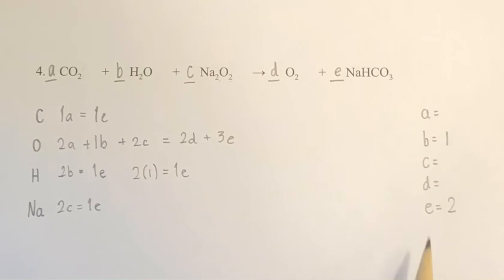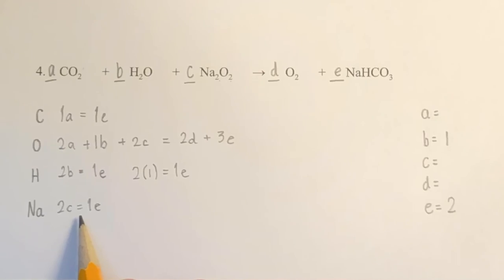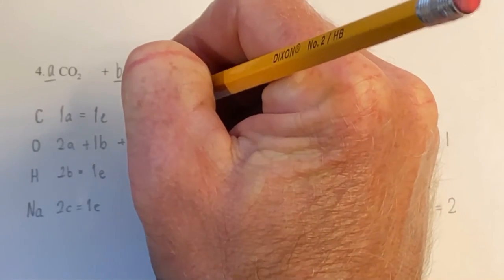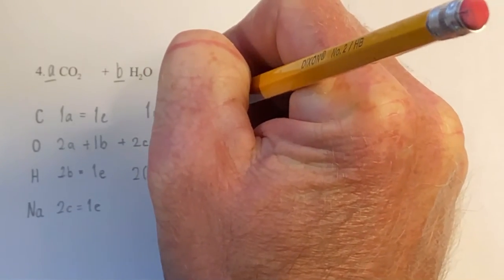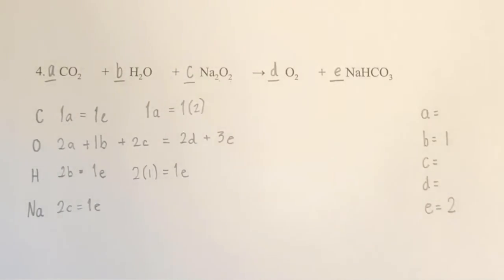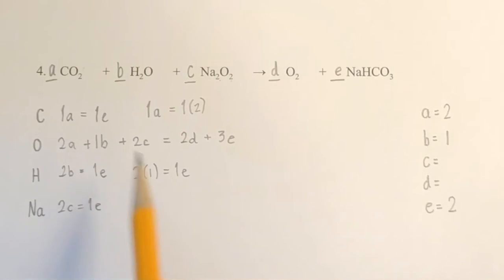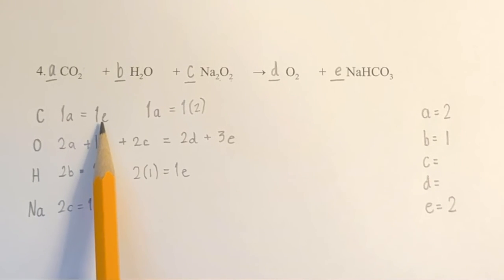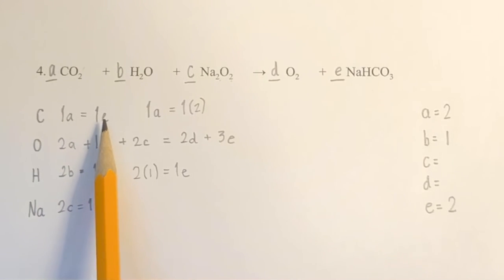Now that I have e as a 2, I can insert that 2 into any equation where e exists, either for carbon or sodium. I'll do it for both of them. The 1a in carbon has to equal 1e, which is now a 2. Solving for a, we find that a also comes out to a 2, which makes sense, since 1a equals 1e says that whatever a is, e has to be the same number, and in this case they're both a 2.